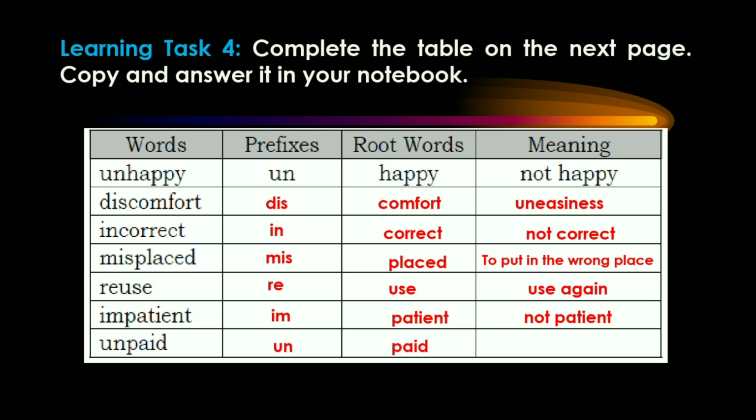The root word is paid and the meaning is not paid. Okay. I hope you understood what the prefixes in this learning task mean now. So when we say un, it means not, dis, not, in, it also means not, mis, not, re is again, im means not, and un means not.